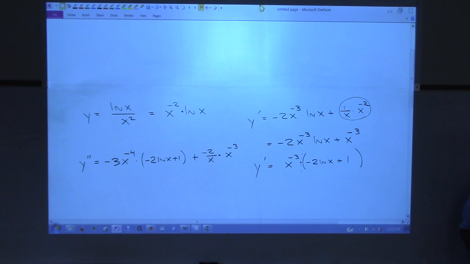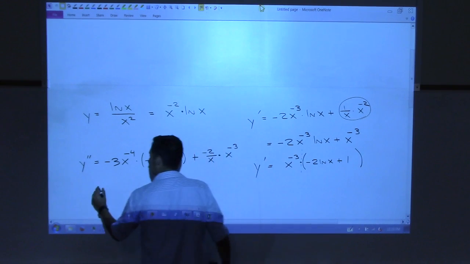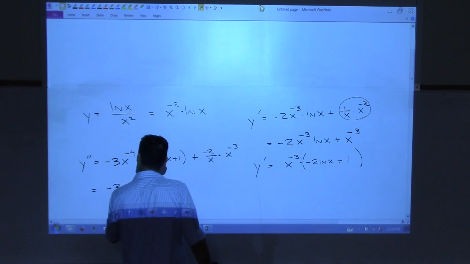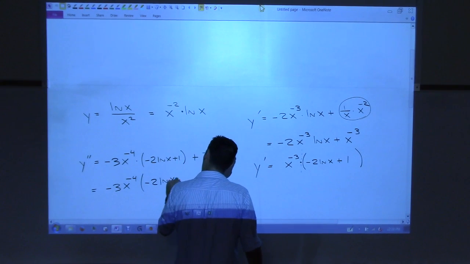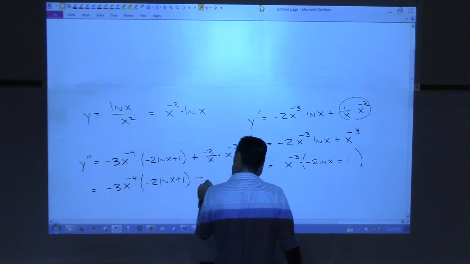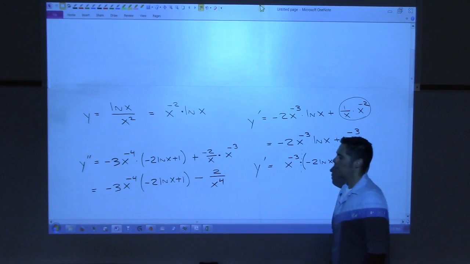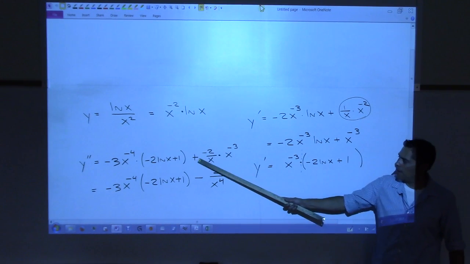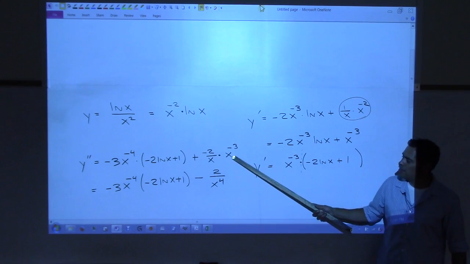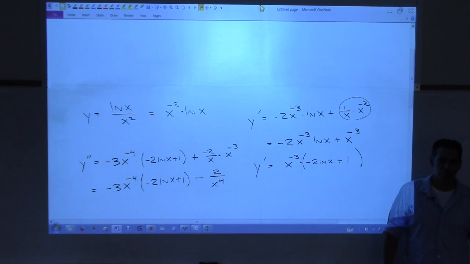Now you can combine the x to the negative 3 with the x, which would be negative 2x to the negative 4. So negative 2, that's going to be minus 2, and then this is 1 over x cubed, and it joins this one, so x to the 4th on the bottom.